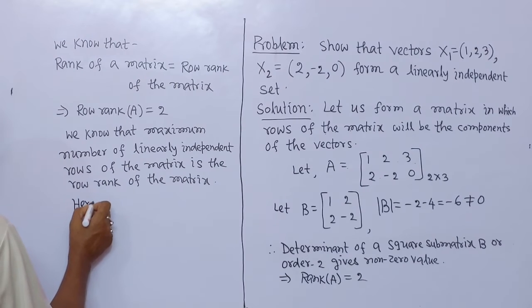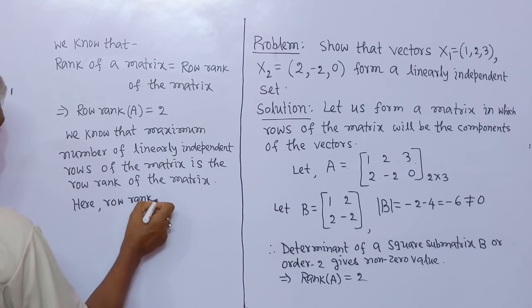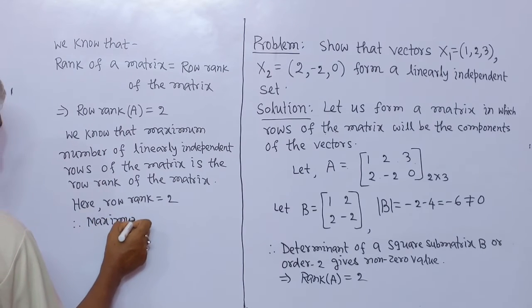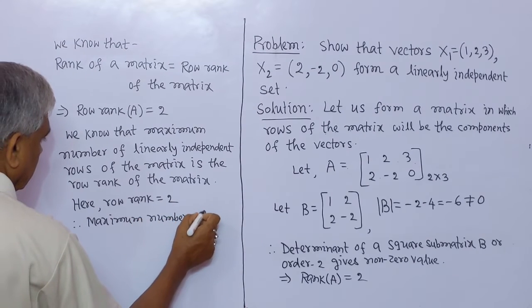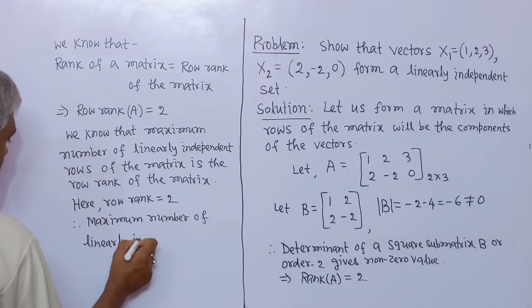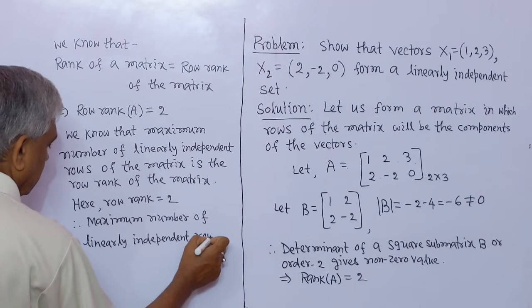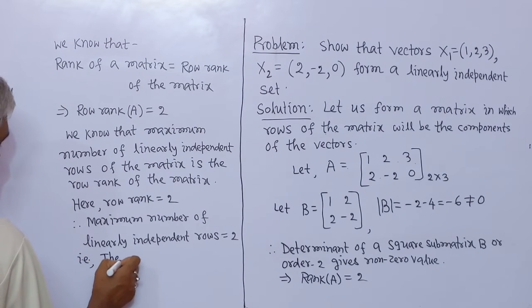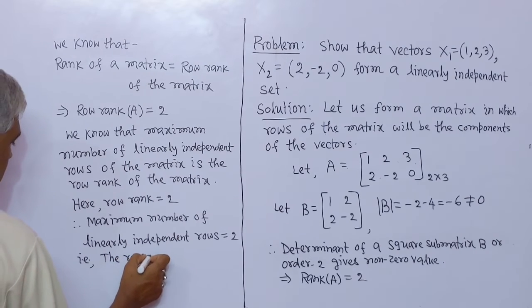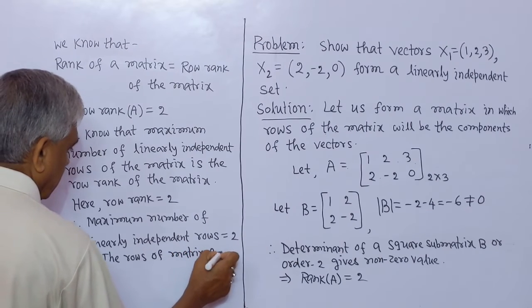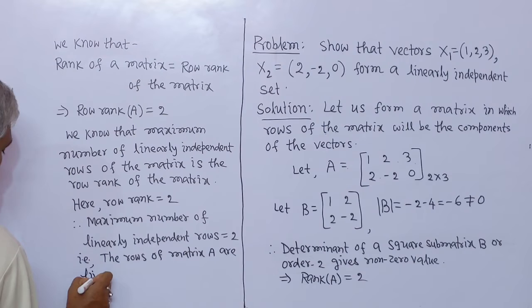Here the row rank equals 2. Therefore, the maximum number of linearly independent rows equals 2, that is, the two rows of matrix A are linearly independent.